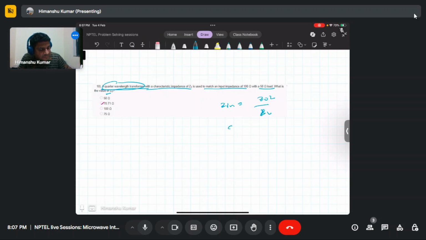Input impedance is 100 ohm, and that is Z naught squared divided by RL, which is 50 ohm.